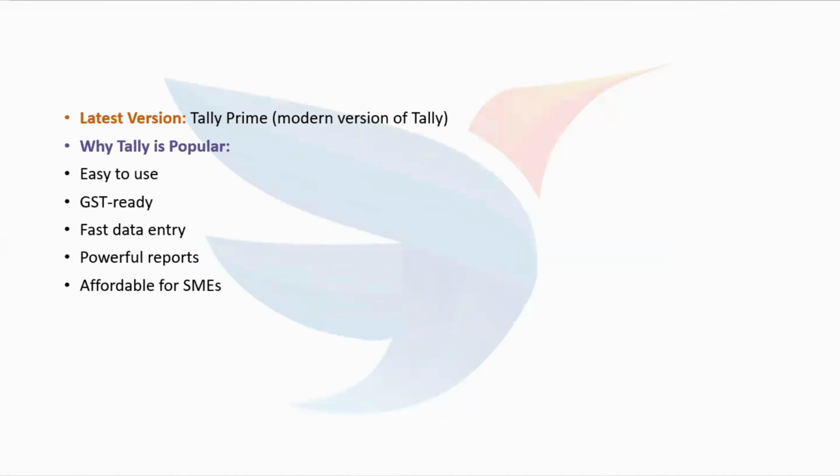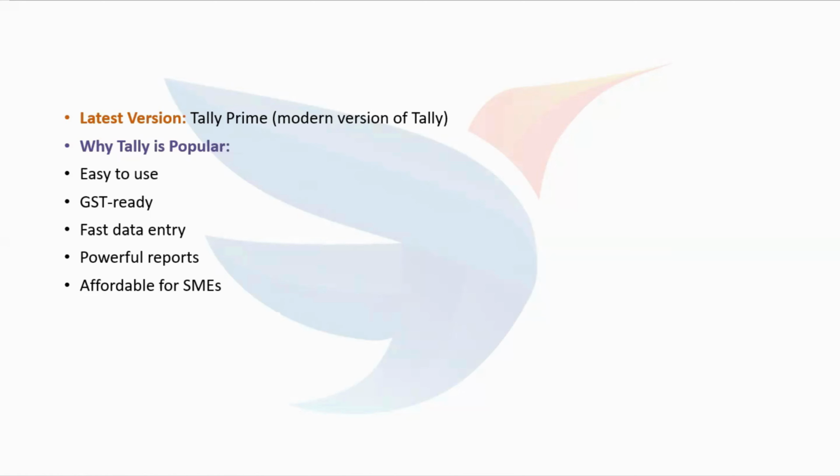Latest versions of TallyPrime and why it's popular. Now, the latest version of Tally is called TallyPrime. It is a modern, upgraded version of the original Tally software, designed to be faster, smarter, and more user-friendly. Why is Tally popular? Easy to use. The interface is simple and intuitive, so even beginners can start recording transactions quickly. GST ready.